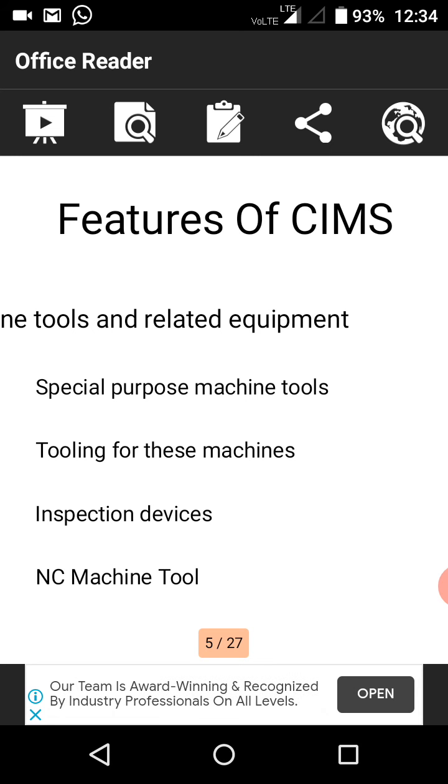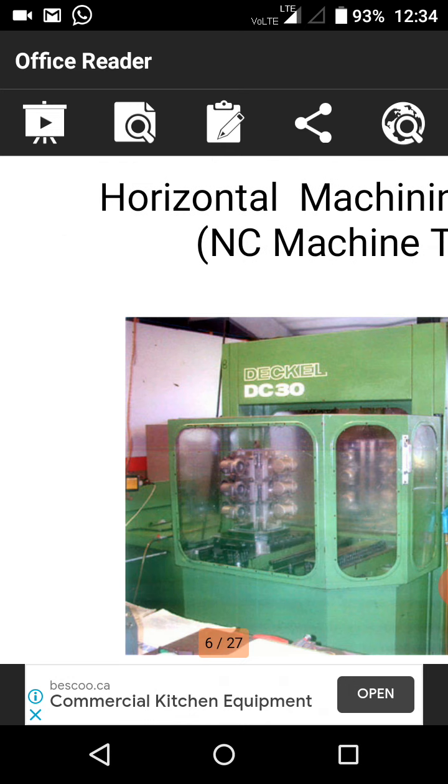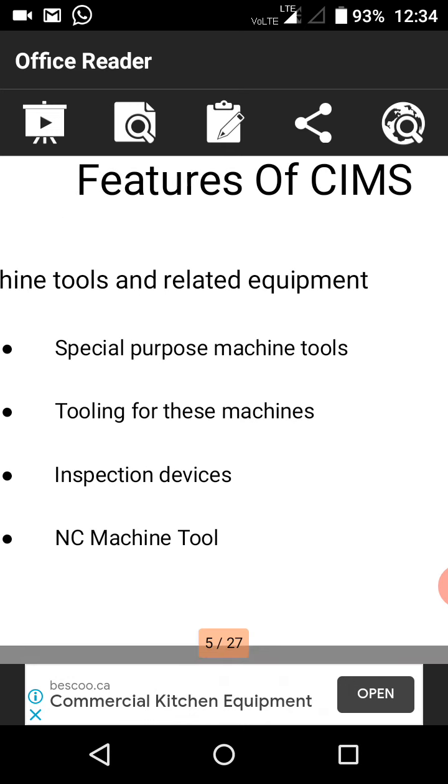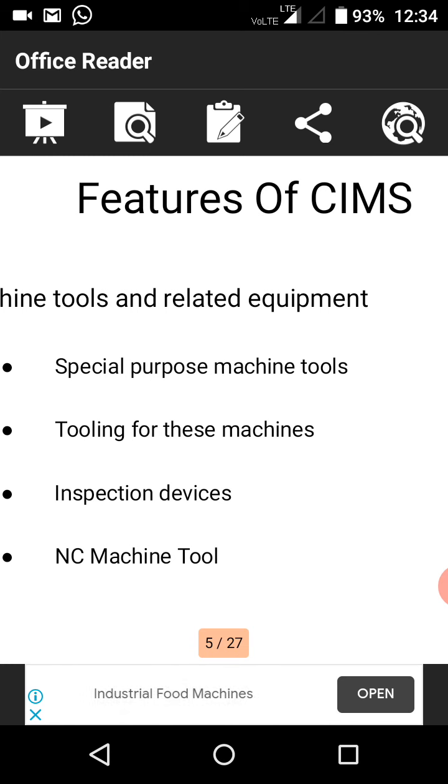Next, material handling system. What is this material handling system? The material handling system serves two functions. The first function is to move the work parts between machines. Moving the work parts to the machine is called material handling.